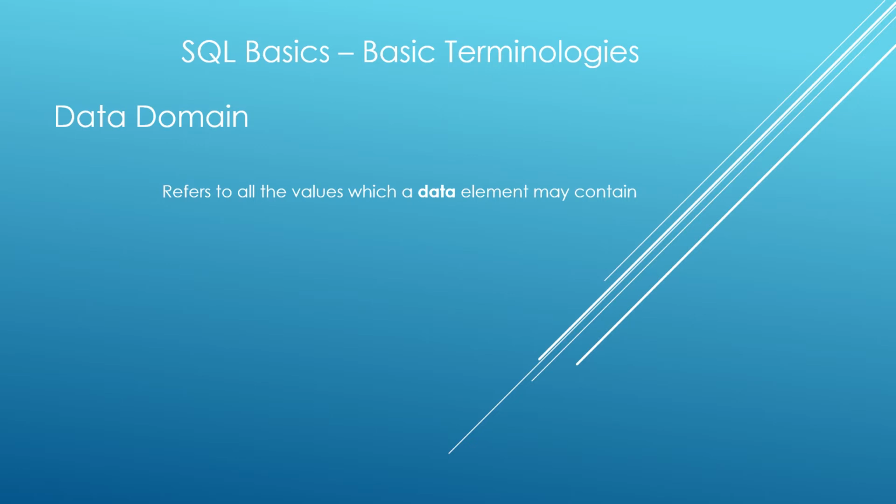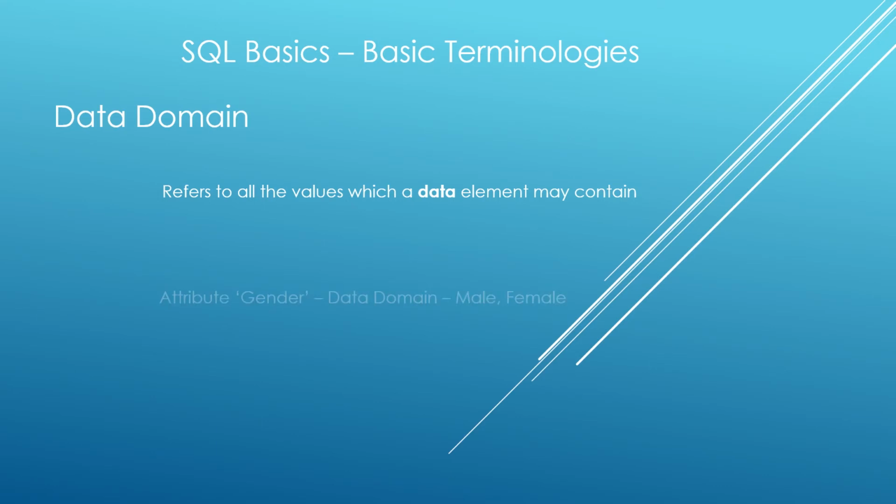When we say domain of data, we mean, for a particular attribute of data, for a particular column of a table, whatever values that column with that attribute may contain, or whatever the expected values are. That becomes the domain of data.